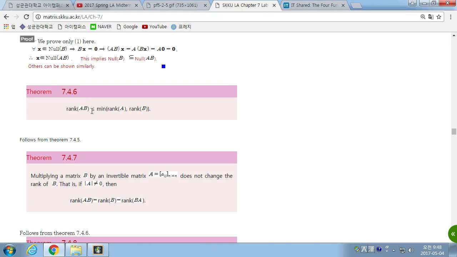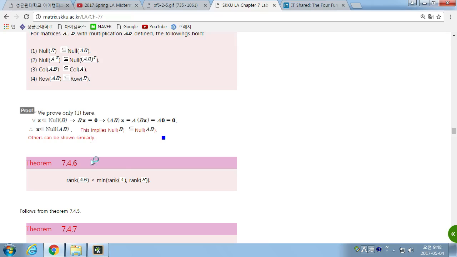From there, rank of AB is less than or equal to the minimum of rank of A and rank of B. Why? From here, the null space is a subspace.